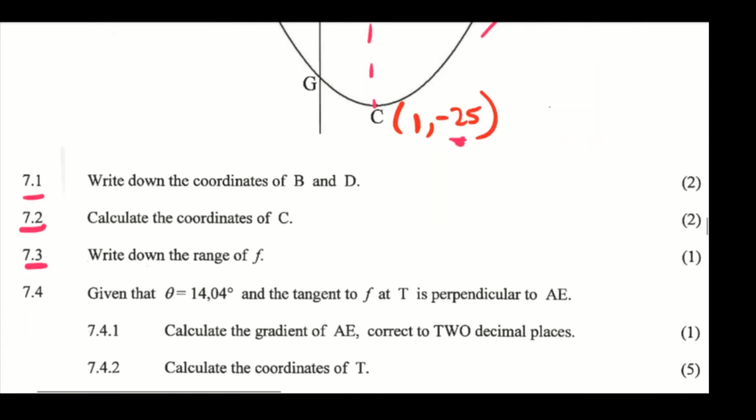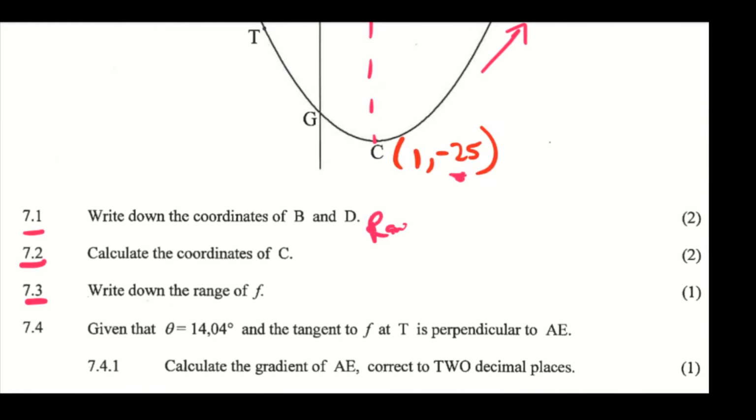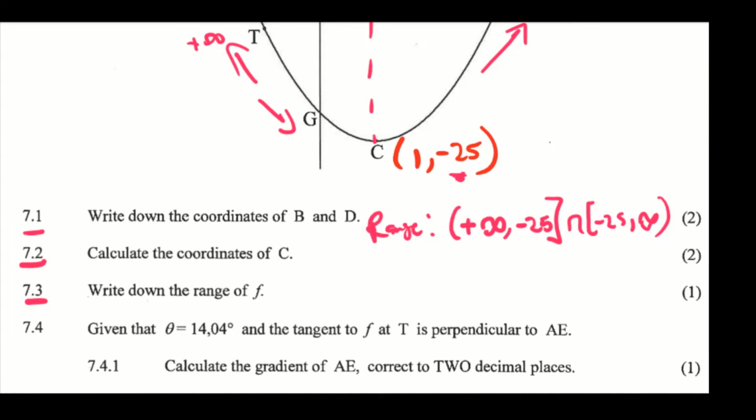So you can write the range from -25 to positive infinity, or you can simply use the turning point and say y is greater than or equal to -25. Either of the two should be correct.